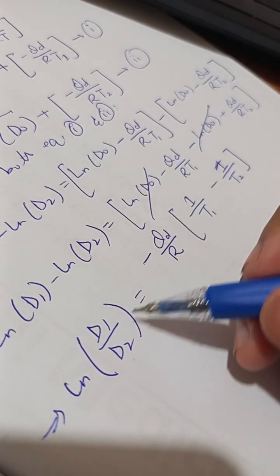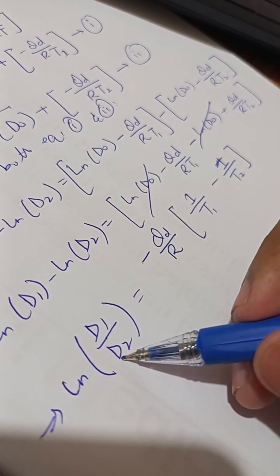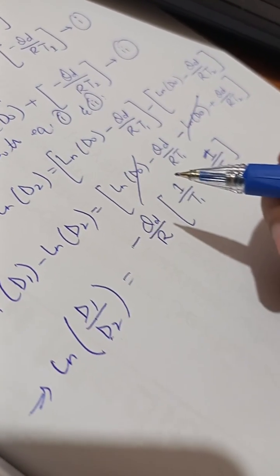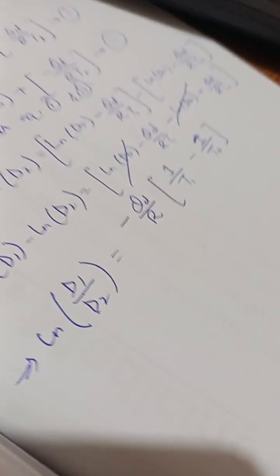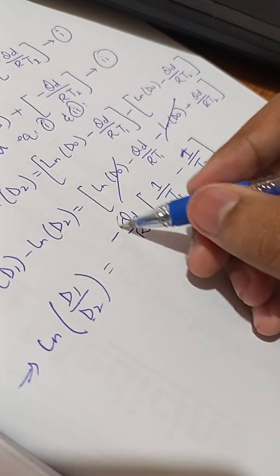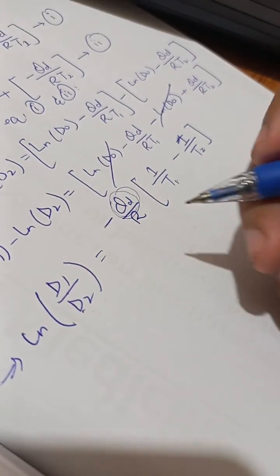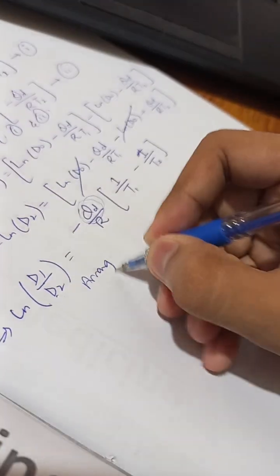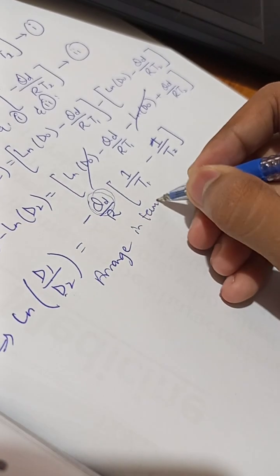Since we know the values of D1 and D2 that were given in the problem in the table, we can now arrange the equation in terms of QD.